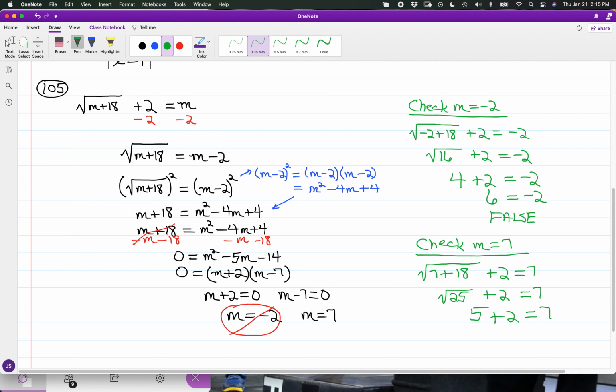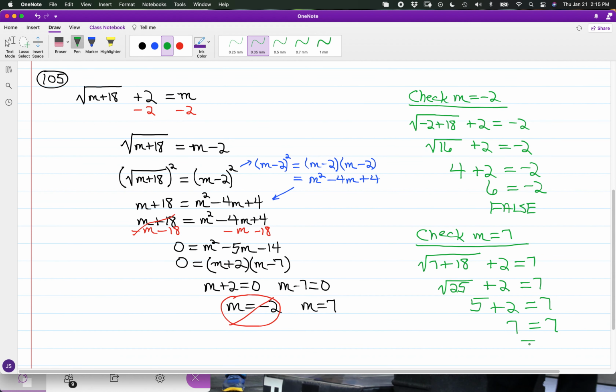And looking at what we have on the left, we have 5 plus 2. That goes to 7. To the right, I already have m at 7. That part is true. So we have consistency with m equal to 7. So that works. So for this equation, we have only one solution, and that is going to be 7.